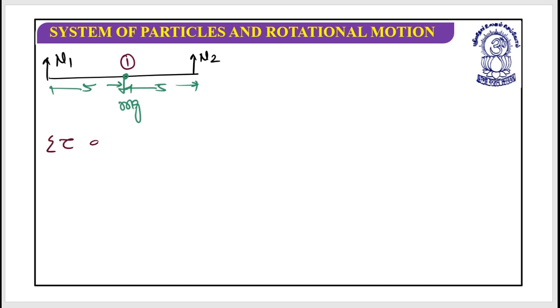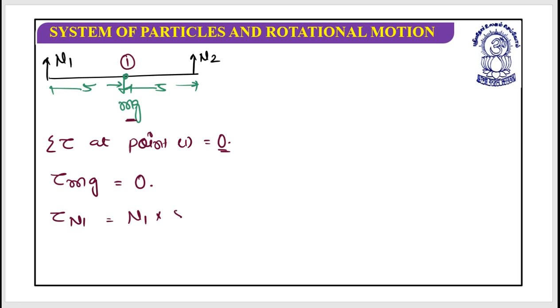Sigma torque at point 1 equals 0. Let's assume that all the torques acting about point 1 would be equal to 0. So who will provide the torque? First, torque due to mg is 0, that is for sure. Now torque due to n1, what is it? It is the force n1 multiplied by the perpendicular distance, this is 5.